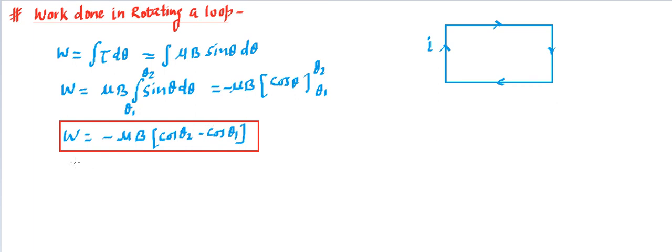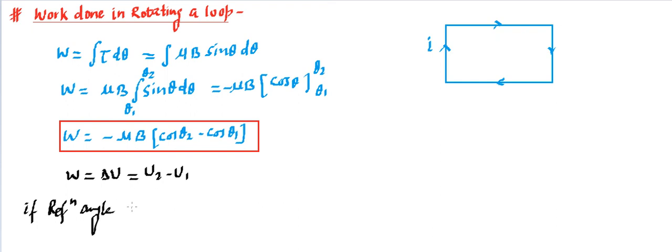Now we know the work done by the external agent is also equal to the energy stored. So W can also be written as the change in the potential energy of the system, that means final minus initial: final potential energy minus initial potential energy. Now in case we take a reference angle of 90 degrees, that means theta 1 as 90 degrees, so U1 will become 0.